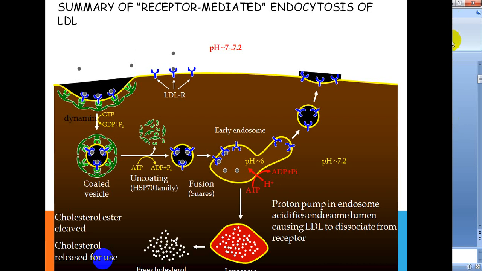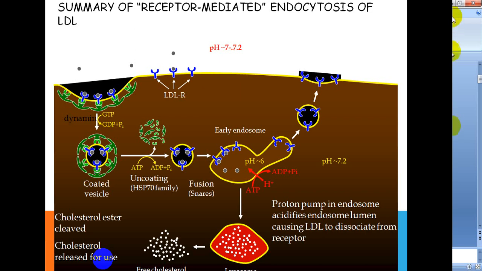So, receptor mediated endocytosis is a form of endocytosis in which receptor proteins on the cell surface are used to capture a specific target molecule.